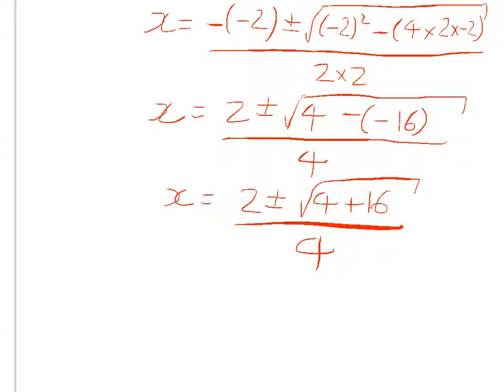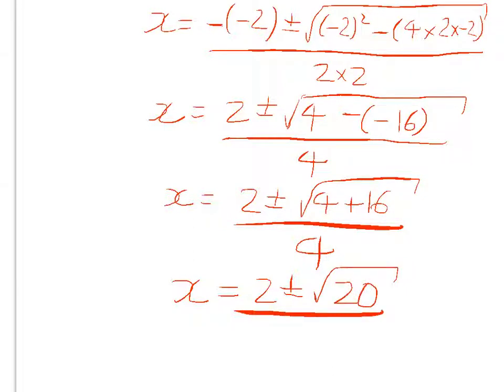Right, now, next thing, 4 add 16 is 20, so we've got x equals 2 plus or minus the square root of 20 all over 4. Now, remember what I said at the start.